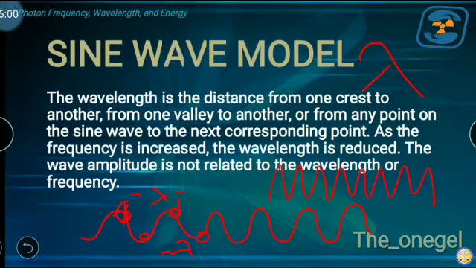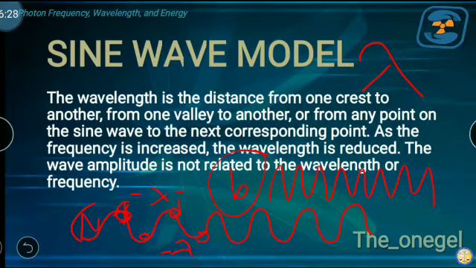Dalawang wave, wave letter A at saka si wave letter B. Asan yung mas maraming crests? Di ba ito, si letter B? So therefore, the shorter the wavelength, the higher is the frequency.